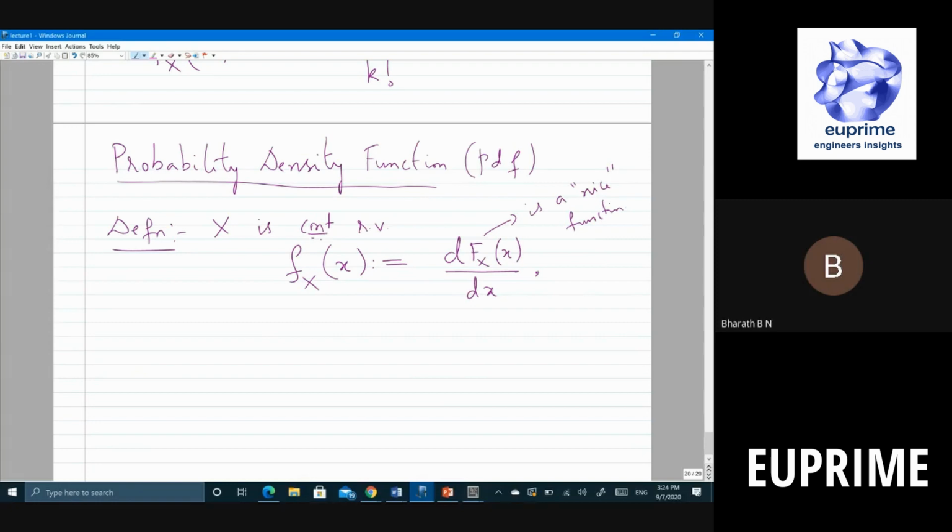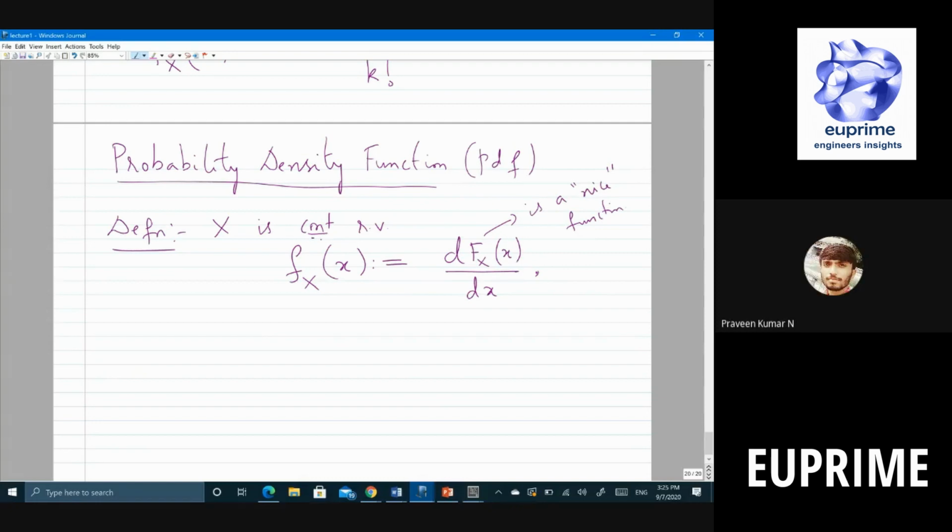Yes, any questions? For differentiability to exist, we need to check that from the left hand side and the right hand side it is continuous. You described that the CDF is right continuous. Is it anything to do with differentiability? Just continuity won't guarantee differentiability, right? Can you give me an example?